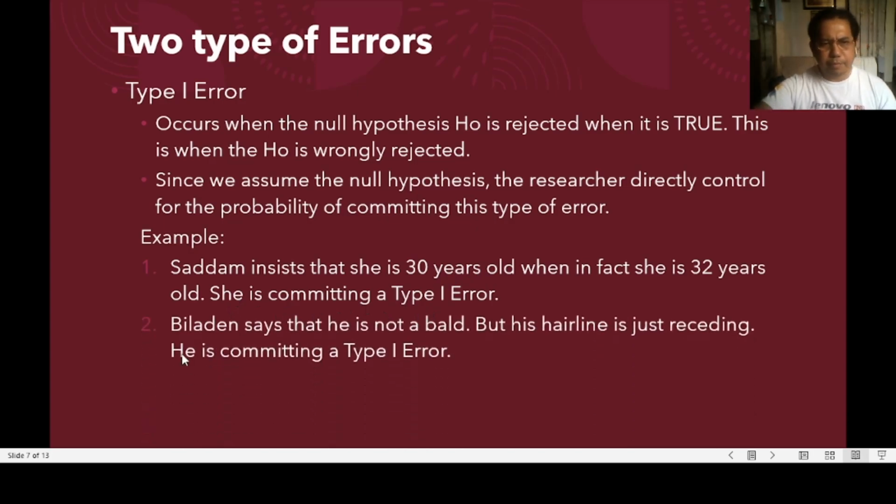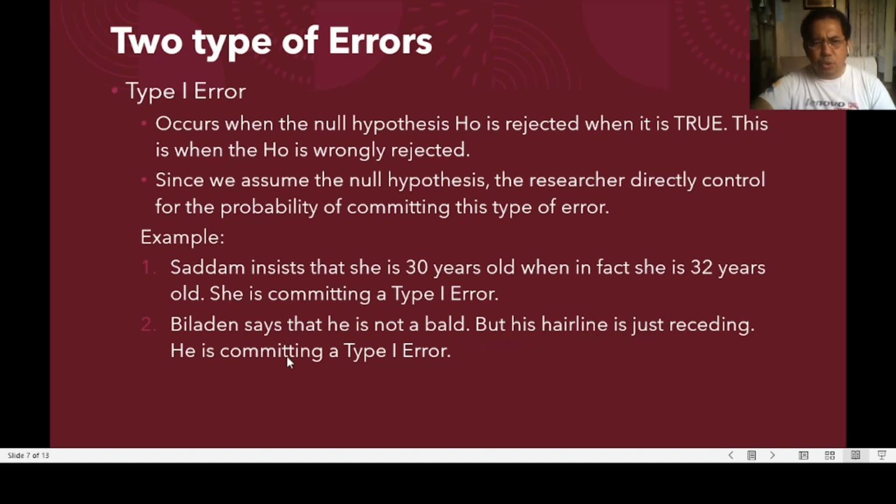Another one would be Bin Laden, a boy, who says that he is not bald, but his hairline is just receding. Notice that in fact, a receding hairline is actually a part of baldness.